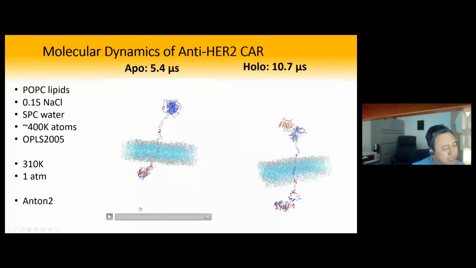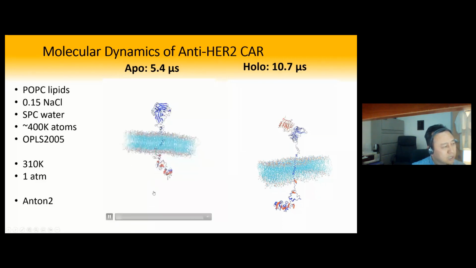Amazingly, you see, without the antigen, this portion is very flexible. It just moves around, trying to search for the antigen, and this part is very fixed. It doesn't move much, and it's kind of hiding from the kinase, which does the phosphorylation.